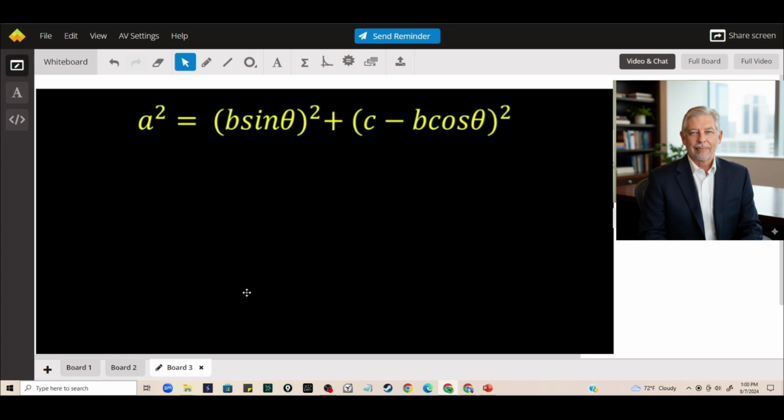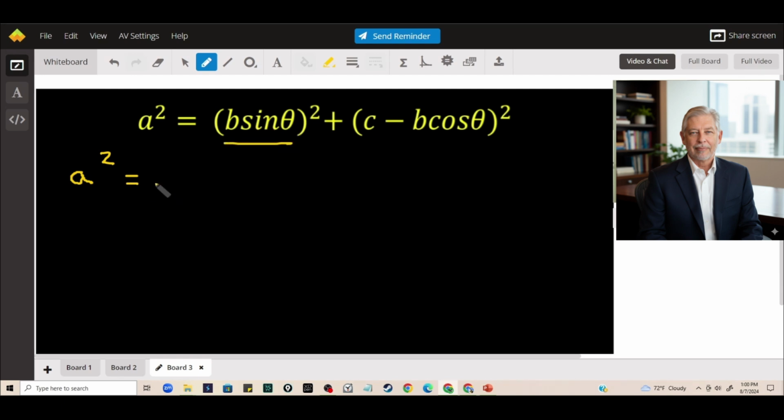So now we get into some algebra. It's going to take a little bit of time, but you're going to find that it's pretty simple at the end. It's just a lot of work. So let's begin. I'm going to rewrite this as A squared, and it's equal to B sine theta squared.